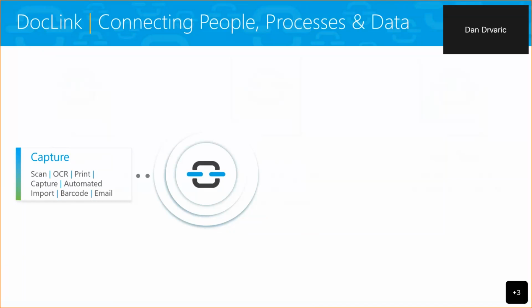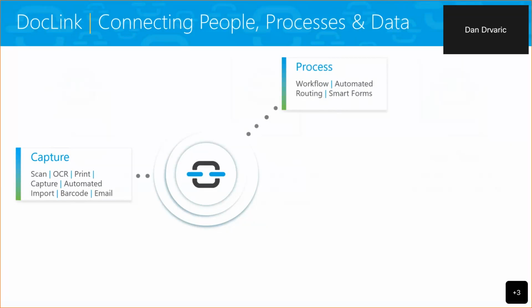We can capture documents through an OCR scanner. We can capture invoices that may be sent to you via email and are sitting in an AP invoice email account. There's numerous ways that we can bring the documents into the DocLink repository.